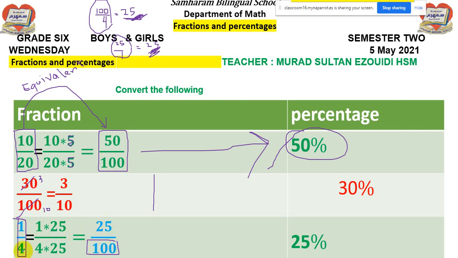So the 4 should be multiplied by what? 25. Yes, good girl. And what about the numerator? You should also multiply by 25 or 24? 25. Good girl. Why? Because you are working with equivalent fractions, which means that you should multiply by the same number or divide by the same number. Clear?